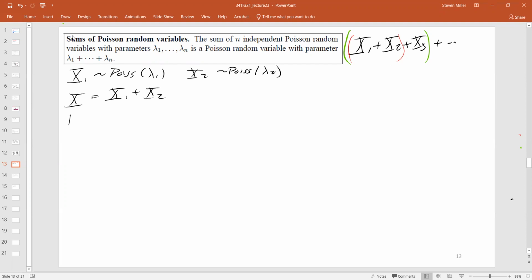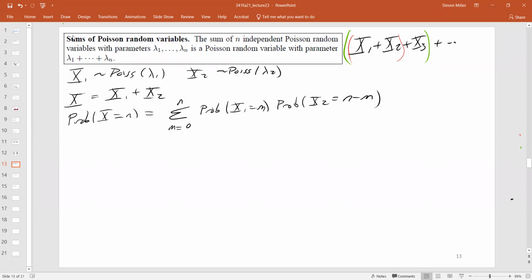Then the probability that x equals n is going to just be the sum, m goes from 0 to n, the probability x1 equals m, times the probability x2 equals n minus m. Because if the sum is going to equal n, then the first one has to be m, and the second one has to be n minus m. I can't have my first summand be larger than n, because the probability of a negative number is 0.